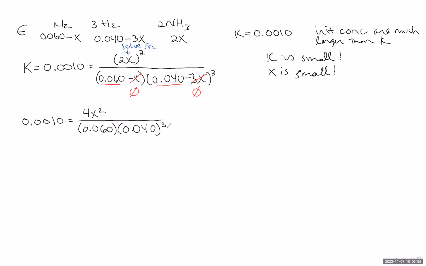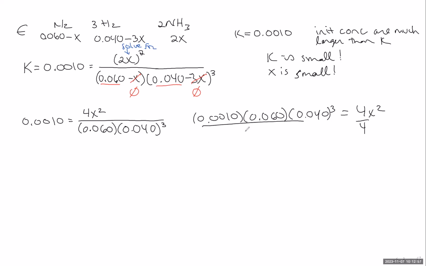So let's go ahead and just rewrite that, okay? So we can just take 0.0010 and we're going to multiply it by 0.060, multiply that by 0.040 to the third power. So those are just numbers, so just multiply them all together, and 4x squared.